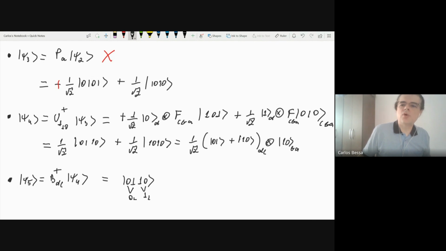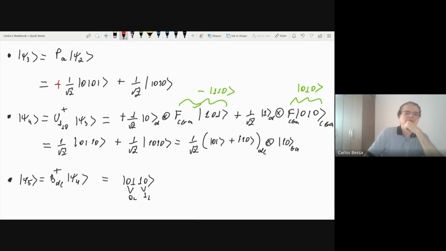Well, Fredkin when C is 0 is like the identity, so this doesn't change, 0, 1, 0. And Fredkin acting on this one here, let's see where I put it, is just minus 1, 1, 0. So when we apply this, this becomes minus.